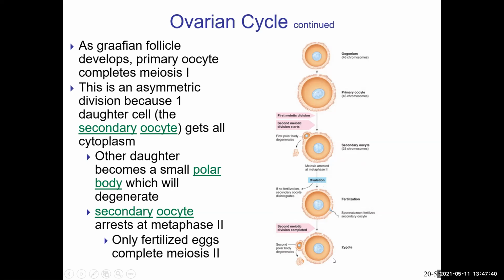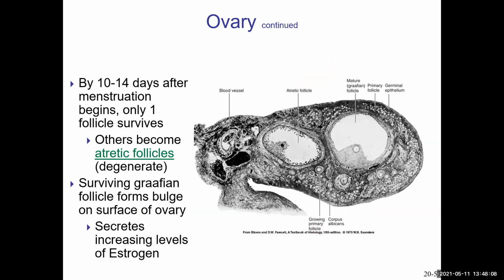But still again, what happens? Only one daughter cell gets half the nucleus and most of the cytoplasm, and the other half degenerates as the second polar body. That's why you start from one, you make one maximum, and you are losing every month. That's why a female can release only about 400 eggs in her entire reproductive life.